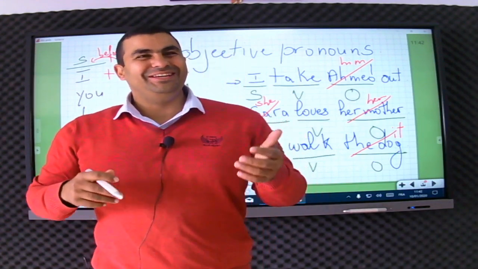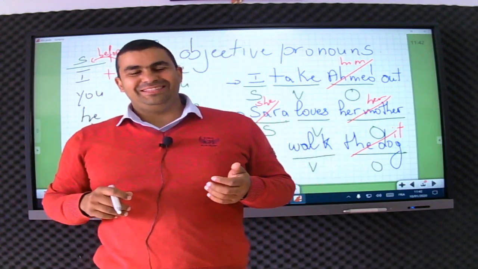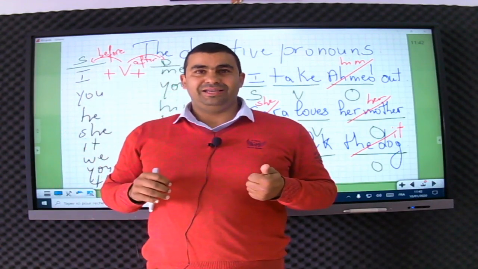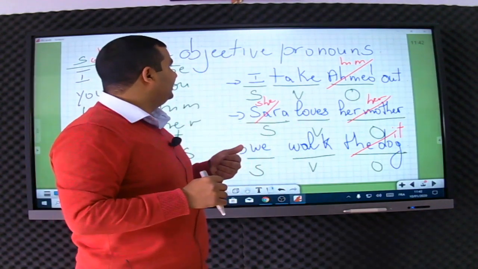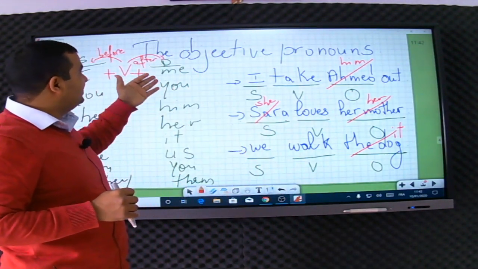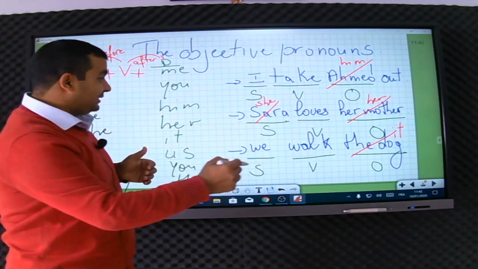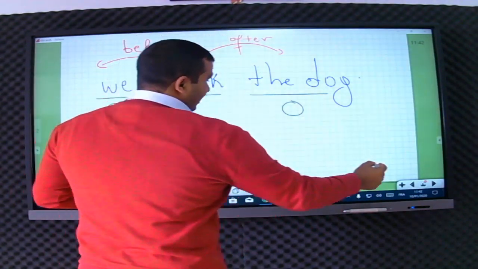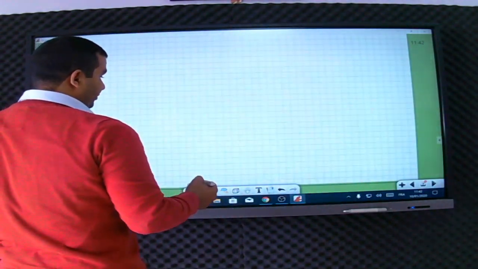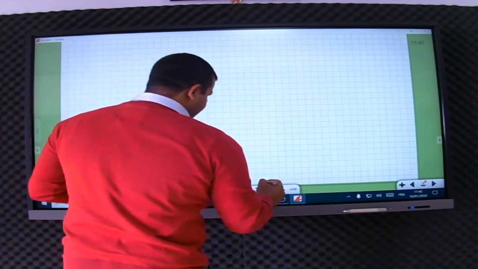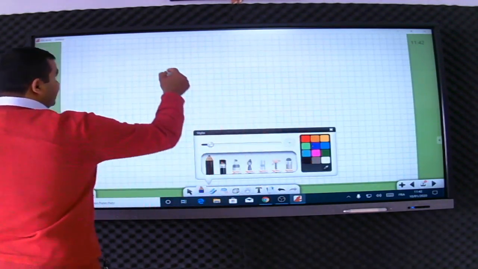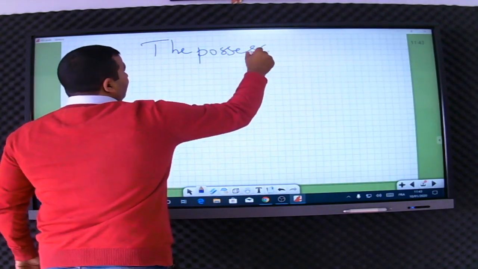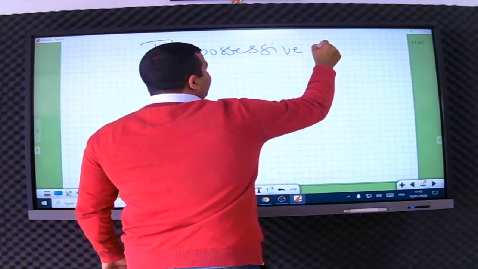So the objective pronouns, I said that they come just after the verb. And now we go to the third one, which is the possessive pronoun.